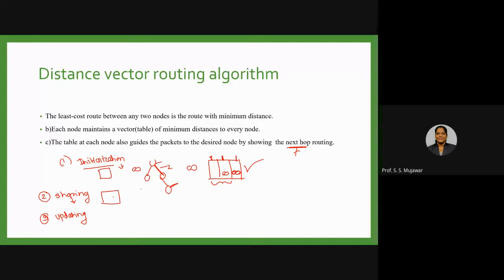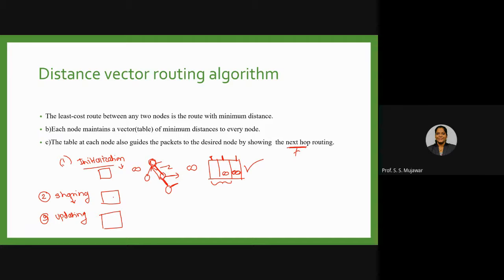But if another node has a connection, and this node knows the value to reach there, then this node has shared its routing table with this first one. With the help of this shared table, this node can now update its own table.